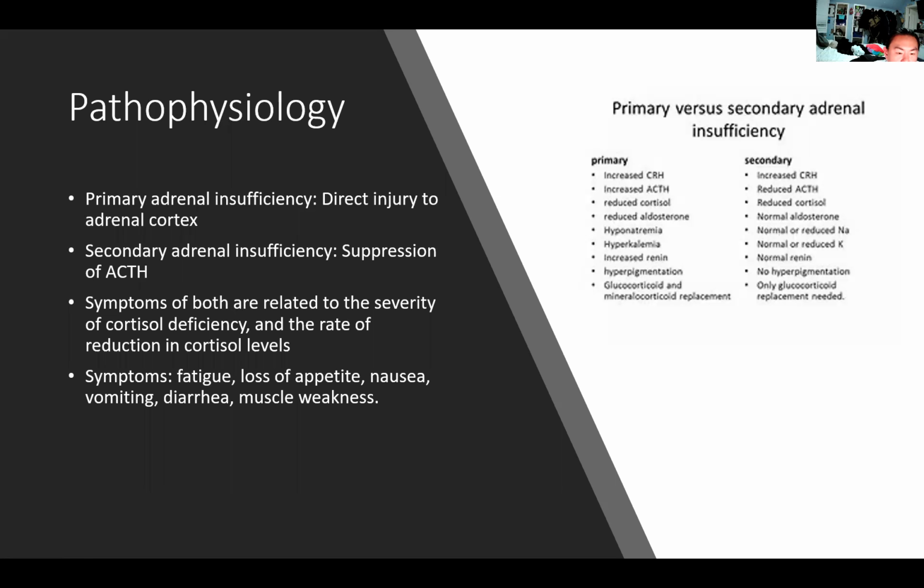And in secondary insufficiency, that occurs when the pituitary gland fails to produce enough ACTH. And anything that can affect the ability to produce ACTH can cause secondary adrenal insufficiency. The causes can include autoimmune diseases, tumors, infections, bleeding of the pituitary gland, as well as traumatic brain injury.